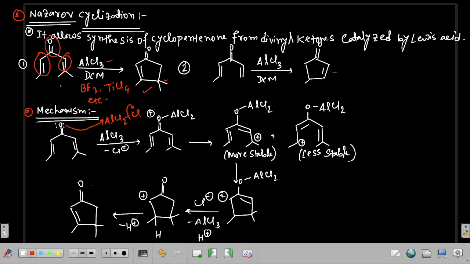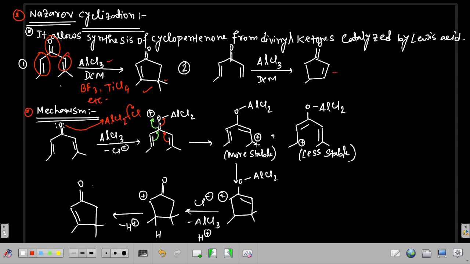Next, there will be two types of shifting. One is this bond will shift here and this bond will shift here, and there will be another type of shifting, like this bond will shift here or this bond will shift here. So two possible intermediates will form.